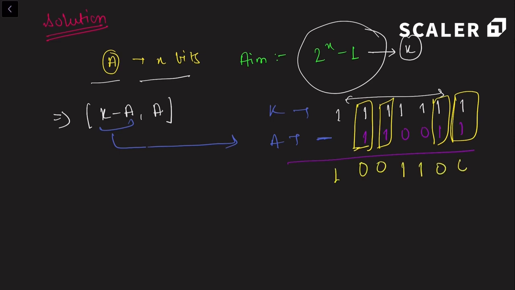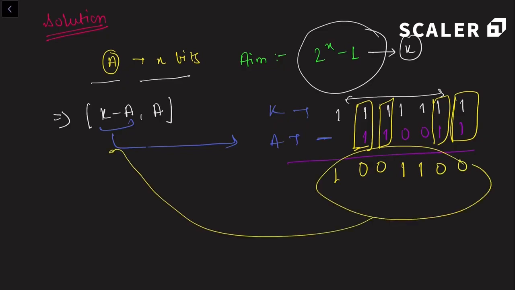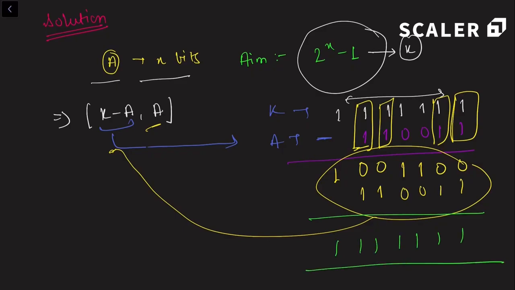Okay, and apart from that I'll just have 1, right? Now this value is k minus a, and if I XOR it back with a, I'll get my answer as all ones. So that's why we can choose k minus a comma a as our answer.